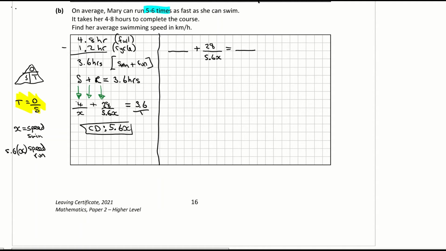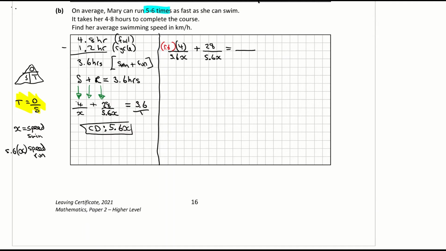The first one though is going to change. It's 4 over x, so I need to multiply top and bottom by 5.6. So 5.6x on the bottom, and in the top I had a 4, which I'm now going to multiply by 5.6.